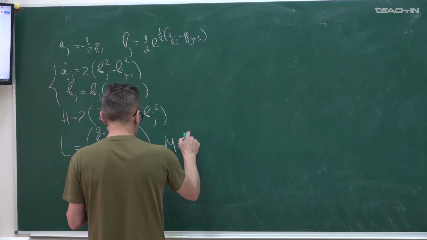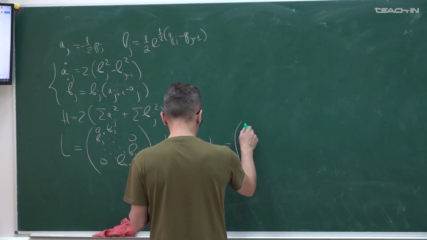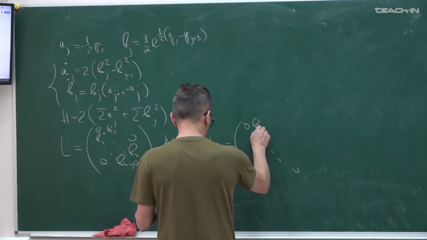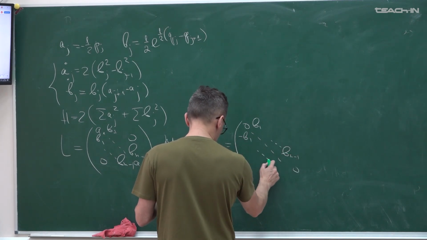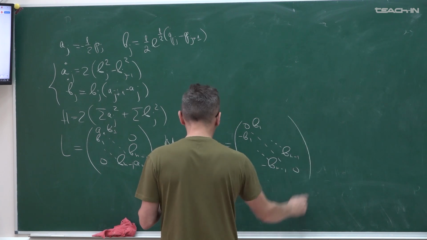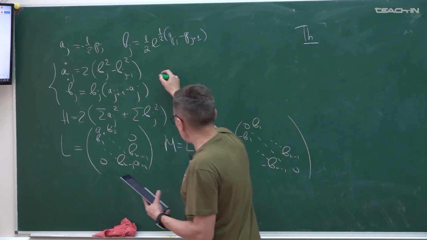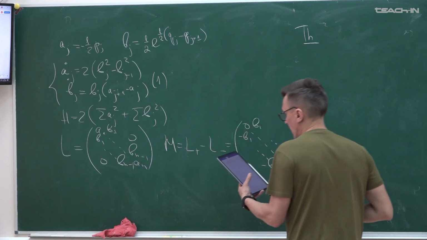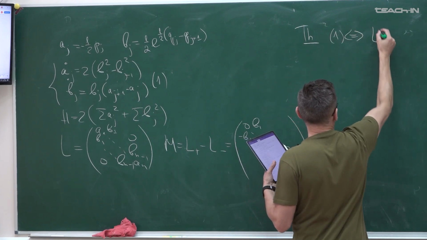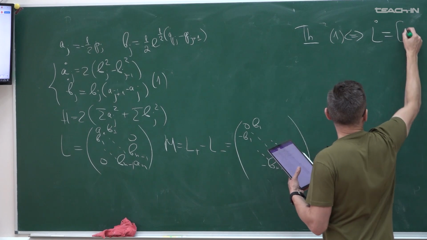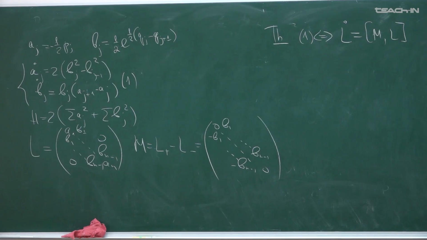And the matrices L and M, which are... So our statement is that the equations of motion are equivalent to such an equation, the Lax equation with L and M. Let us do it now.